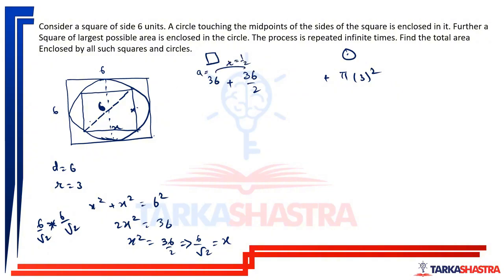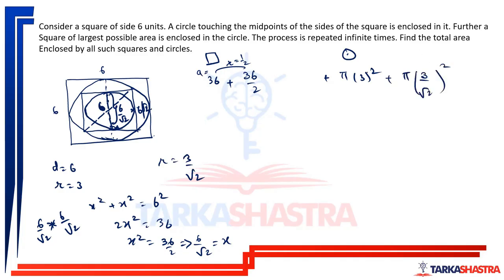Okay. So now this side is 6 by root 2. If I make a circle by joining the midpoints, the diameter of this circle will be 6 upon root 2. So radius will be 3 upon root 2. So this will become pi into 3 by root 2 square.